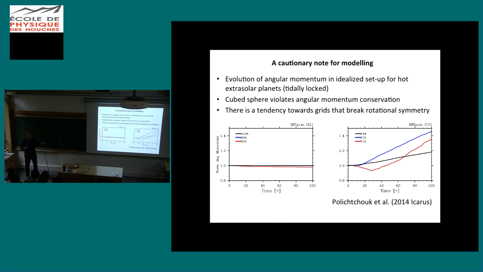Maybe someone here knows, but people are interested in regridding, and this is a way to avoid the pole problem, because the problem with the lat-long grid is you have a pole problem, which creates numerical problems. So this is an approach called the cube sphere. But obviously a cube has a discrete rotational symmetry, but it doesn't have a continuous rotational symmetry. And so this is a problem.